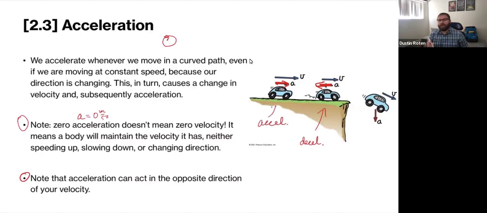Okay, and then even though it leaves the cliff here, what's causing its acceleration to change is the fact that its velocity is changing direction. This change in direction from going straight across to pointed downward, that's causing an acceleration as well.